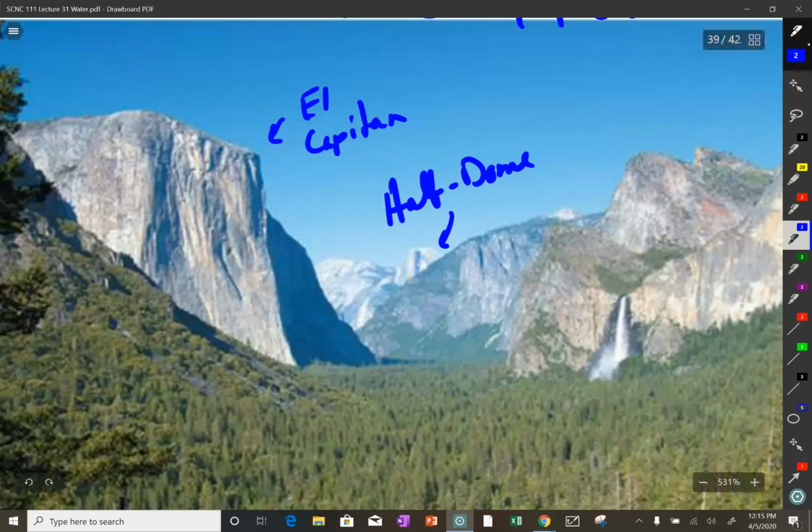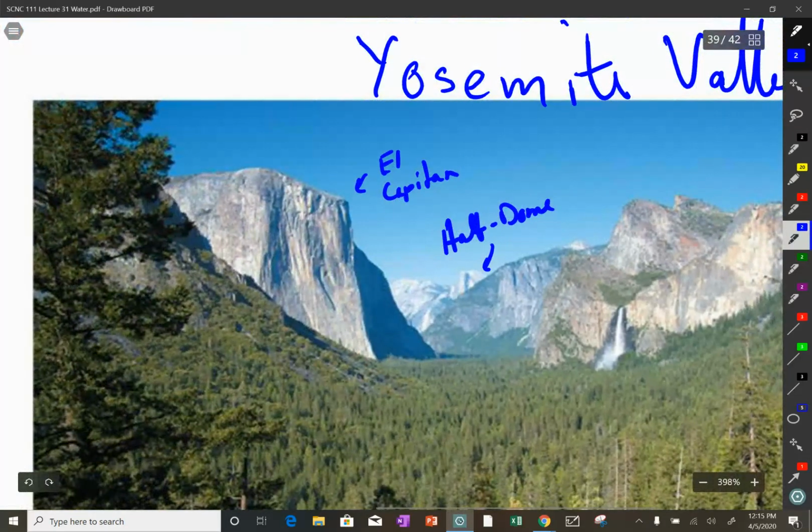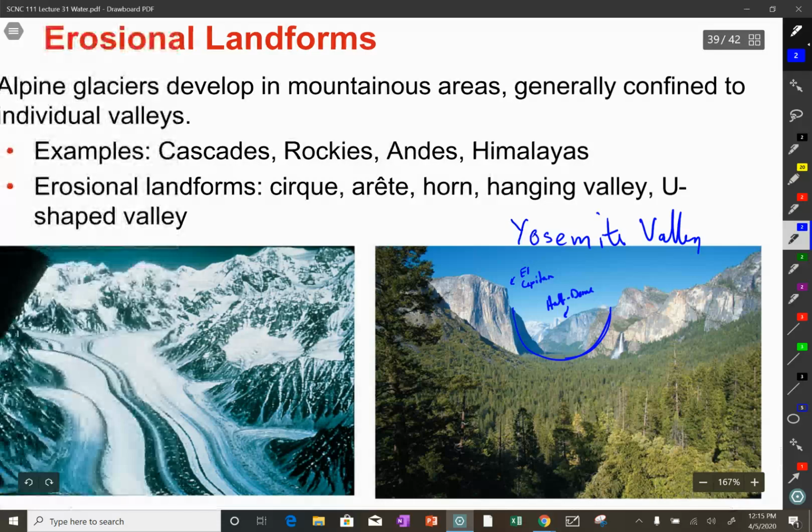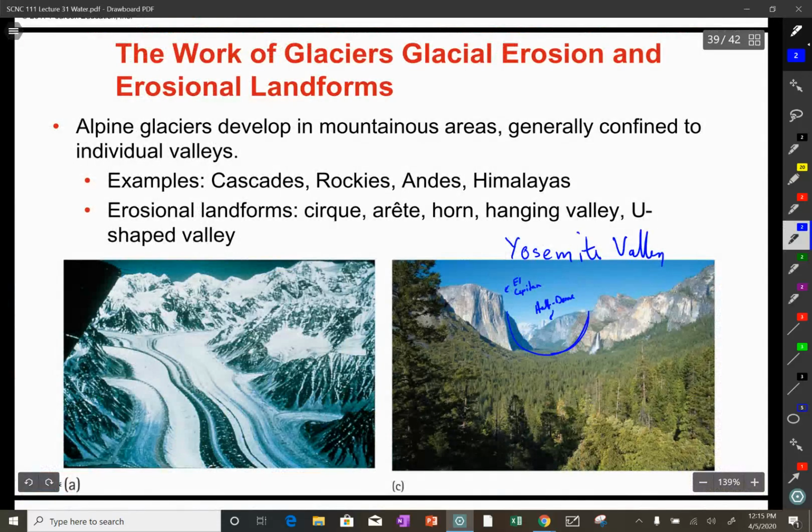It's just a beautiful place. Notice it's kind of a U-shaped valley. That's because it's a glacier carved valley. The Yosemite Valley is U-shaped, and it's the typical shape for glacier formed valleys where you ground it out.